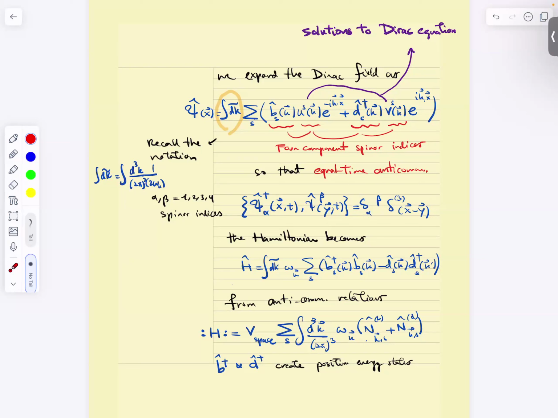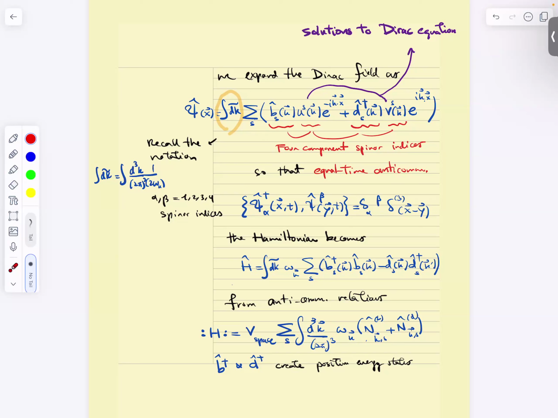Those are like U and V. There will be a positive frequency part of the solution and a negative frequency part of the solution. To the positive frequency, you associate A dagger. To the negative frequency, you associate A. And you write the expression.